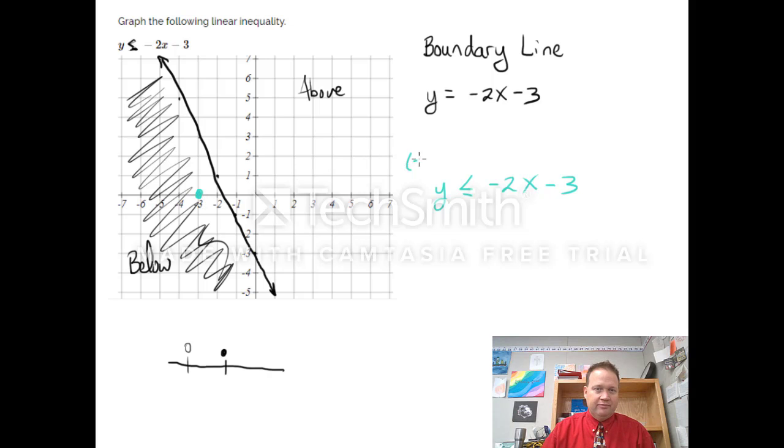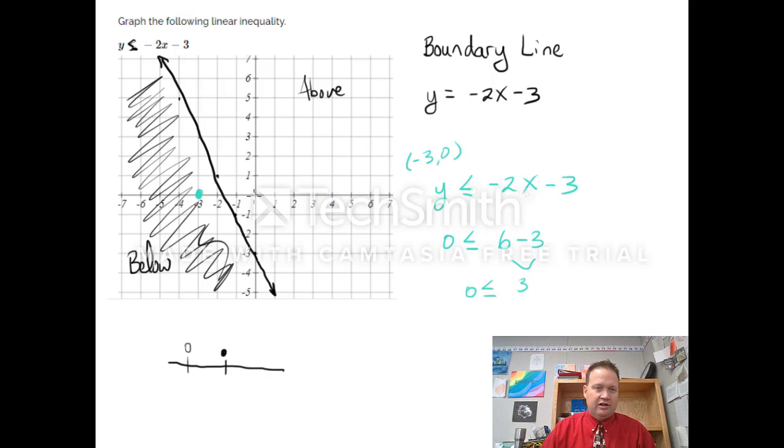So let's try that. Negative 3 comma 0, and let's see what happens. I'm going to put y is 0, less than or equal to negative 2 times negative 3, that's positive 6, minus 3, and 6 take away 3 is 3, and indeed 0 is less than or equal to 3. So this ordered pair actually makes it true.